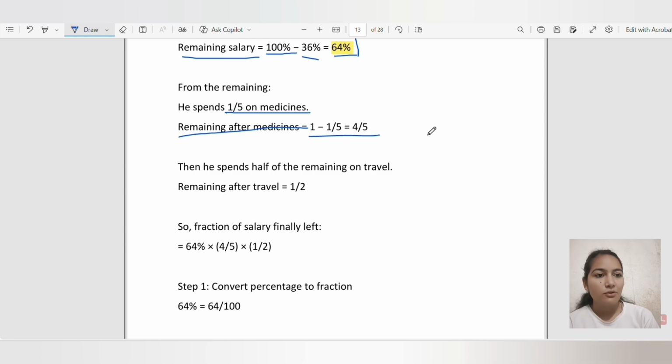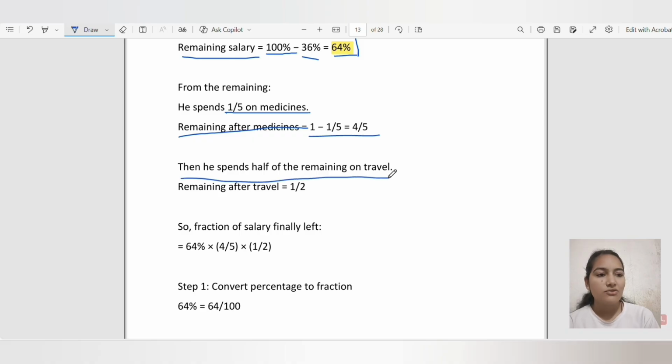Now the information is given in a fraction, so we will subtract from 1. If information is given in percentage, you solve with respect to 100, and when it is given in fraction, you solve with respect to 1. So for finding the remaining, we subtract 1 by 5 from 1, that is 4 by 5. Then he spends half of the remaining on travel, so the remaining after travel is half.